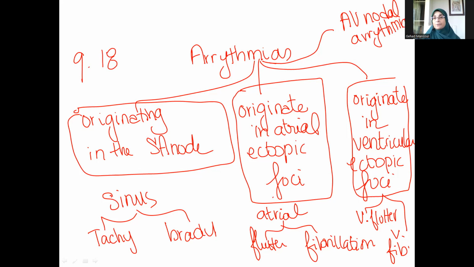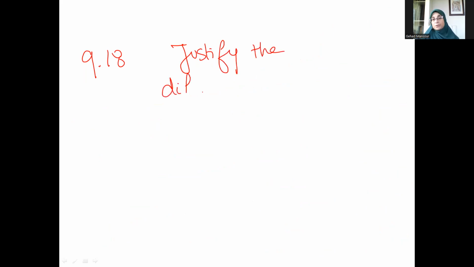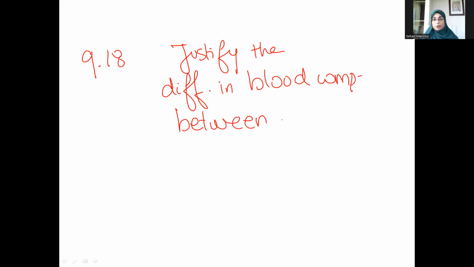And of course, you have to study very well the ECG characteristics of each of these arrhythmias. As I told you before, you might have a question that tells you to justify the difference in blood composition between any pair of blood vessels.